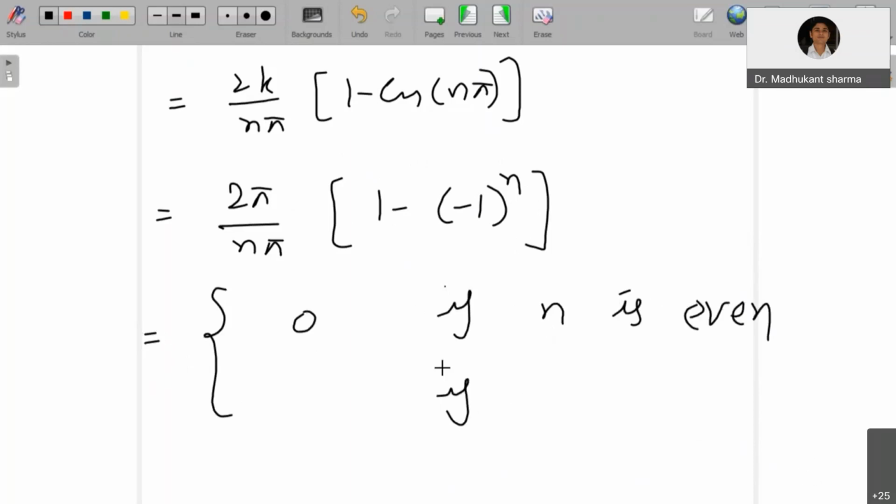And if n is odd, you have 1 plus 1 is 2, 2 times this, which is 4k by n pi.